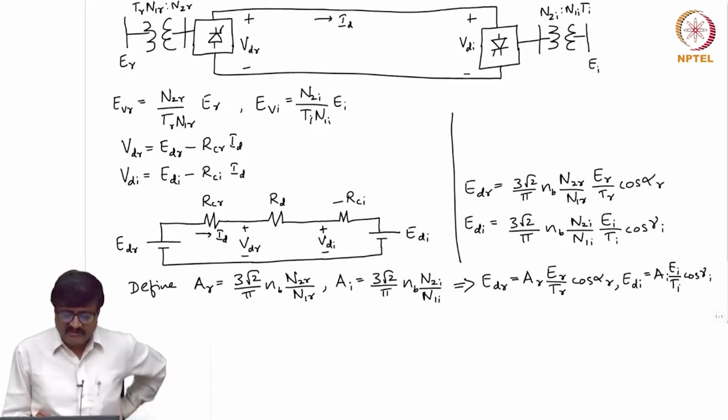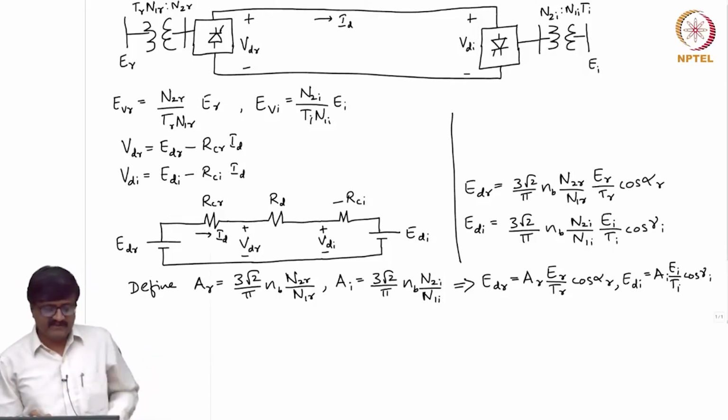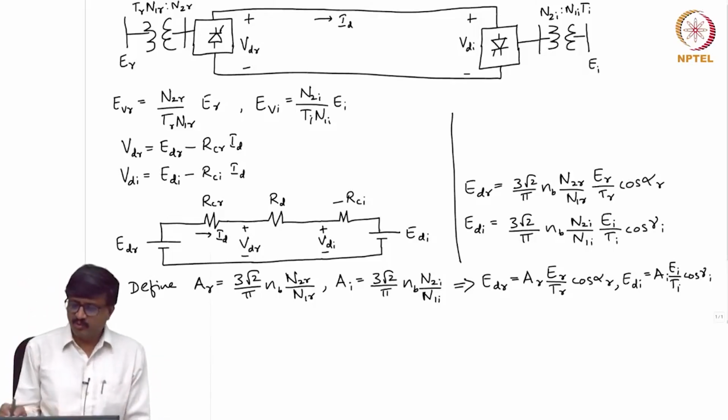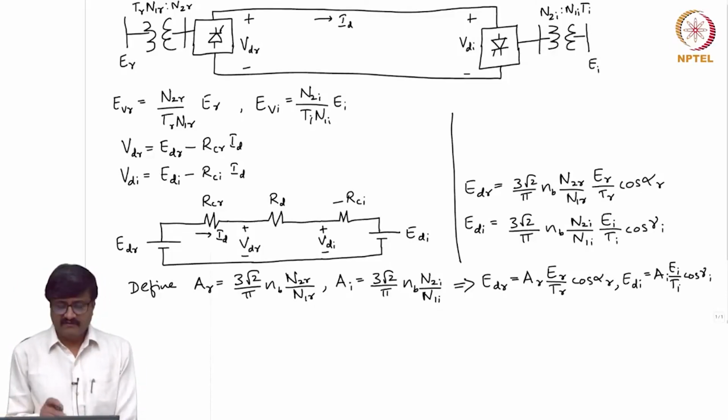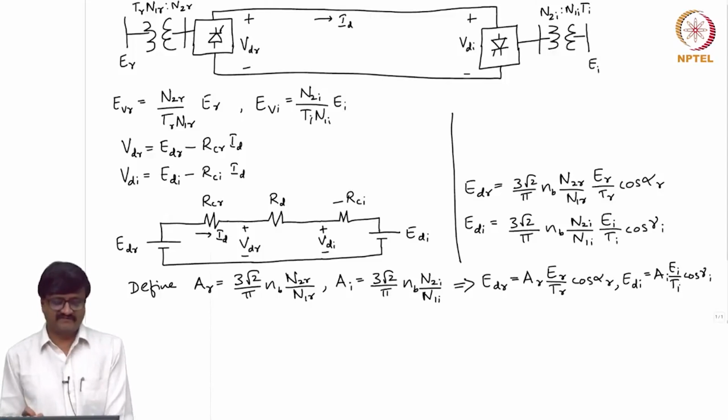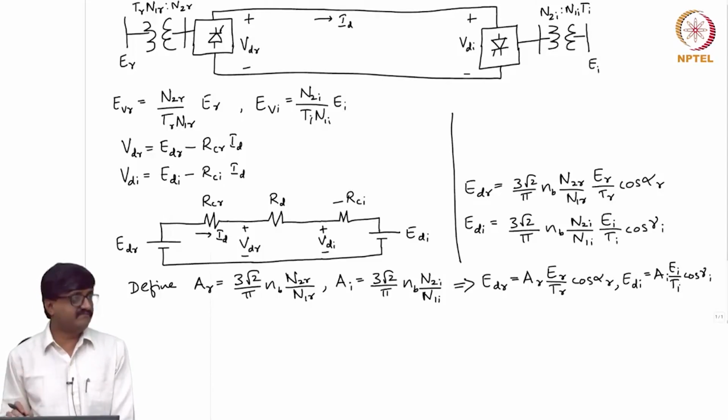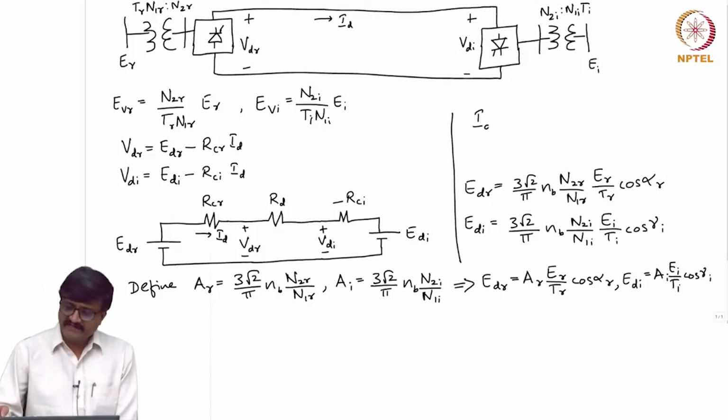If you look at the current in the circuit, ID can be written as the difference between the two voltages of the sources, EDR and EDI, divided by the effective resistance, RCR plus RD minus RCI.